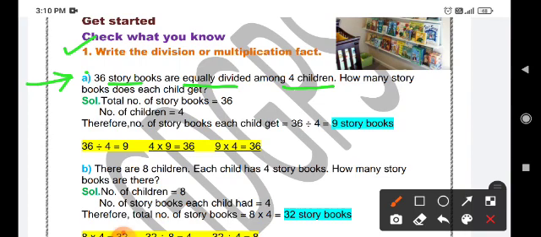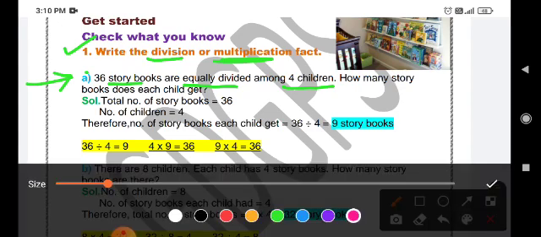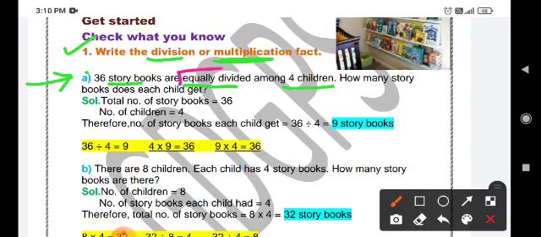So, what to write? Division or multiplication fact for this question? There is a big hint given in the question, that is, equally divided. So, we will write a division fact for this question. How? We will write: total number of storybooks is 36, number of children is 4.